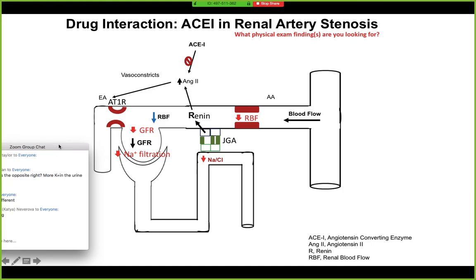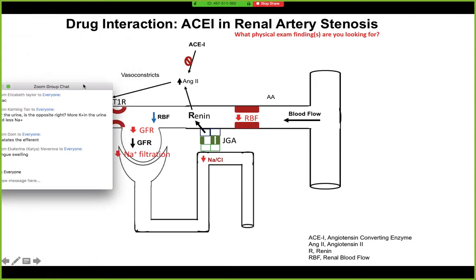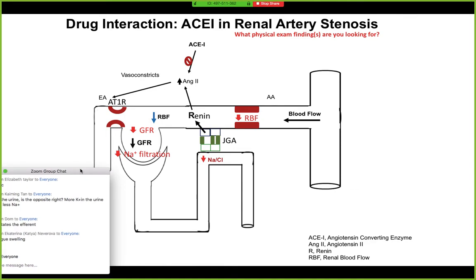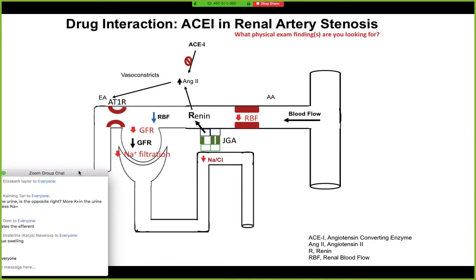All right, so let's go over the drug interaction between ACE inhibitors and a patient with renal artery stenosis. So if you have an obstruction here in the afferent arteriole, that's going to decrease renal blood flow, and as a result, you'll see a decrease in GFR.